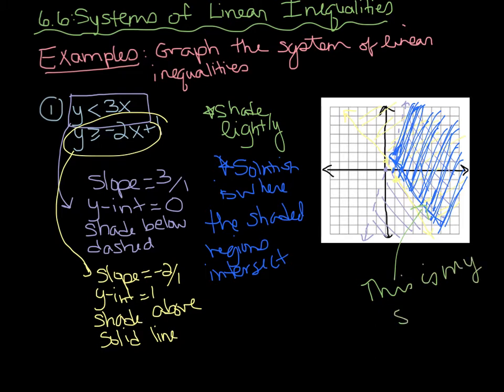Or if you use pencil, you can even erase the stuff around it. You don't have to, but it's an idea. And then I can really tell when I grade it what part is actually supposed to be shaded. So however you can show me that you know what the shaded region is fine with me.